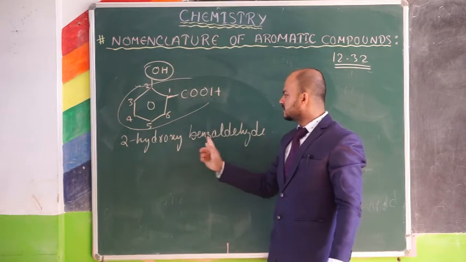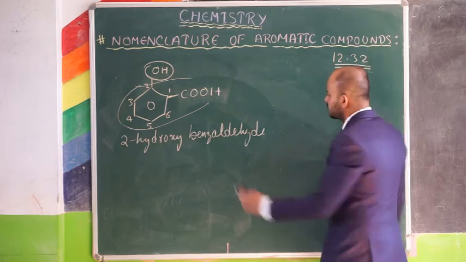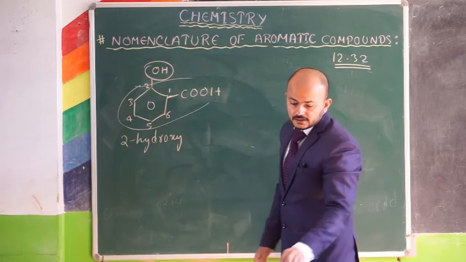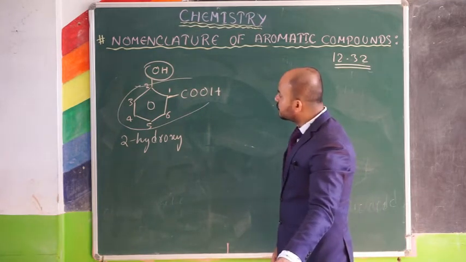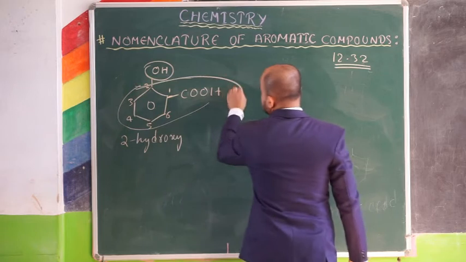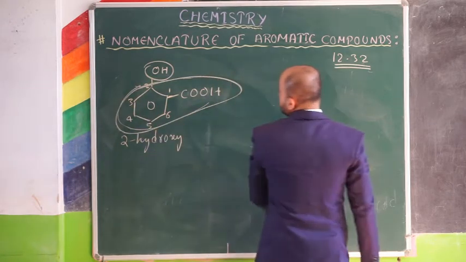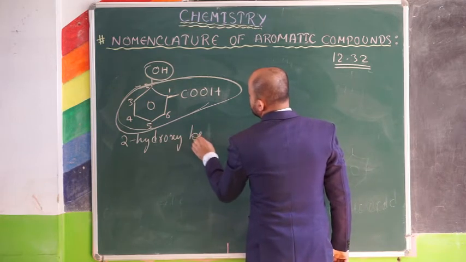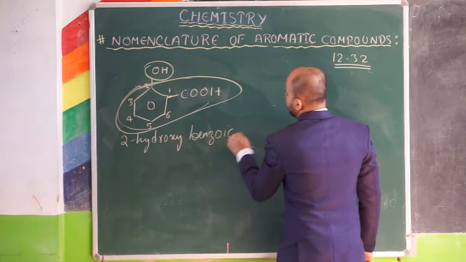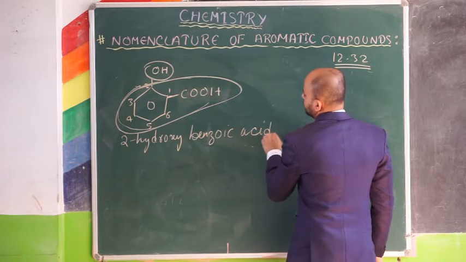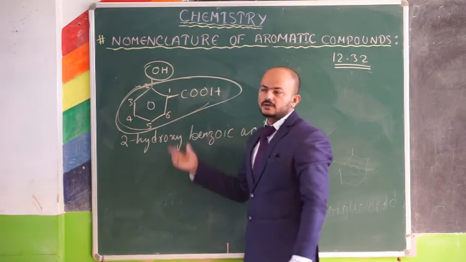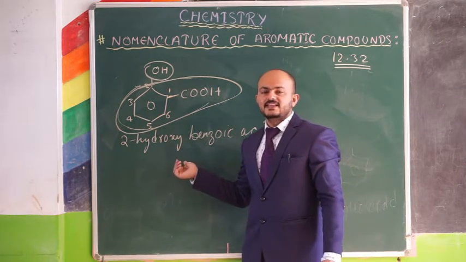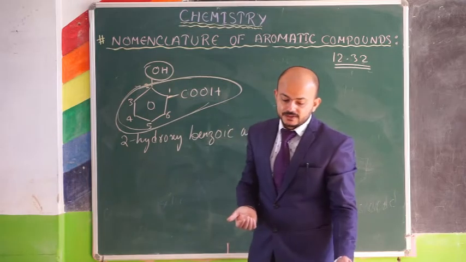It will not be benzaldehyde; it will be 2-hydroxybenzoic acid. This as a whole is benzoic acid, therefore 2-hydroxybenzoic acid. Its common name is salicylic acid. It's an acid now, therefore it's salicylic acid. You have to remember these two names, these are very important.